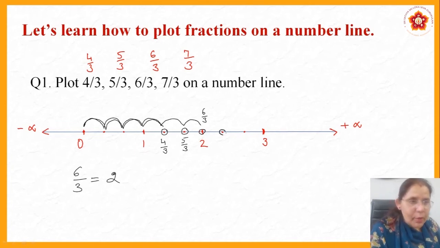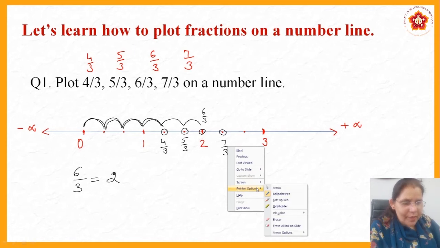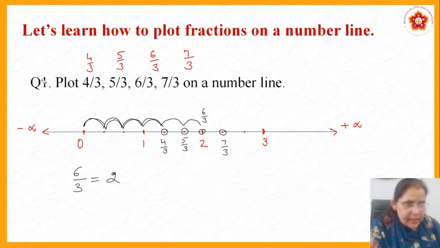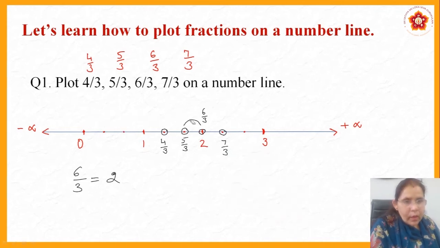And what about 7 upon 3? The next one would be 7 upon 3. So we have to start counting the distance, look at it backwards also. For example, the last one which we have drawn, let's see what is here.